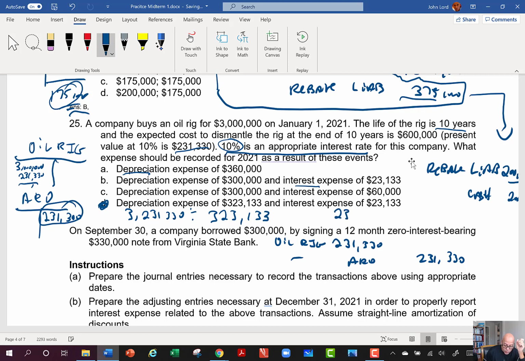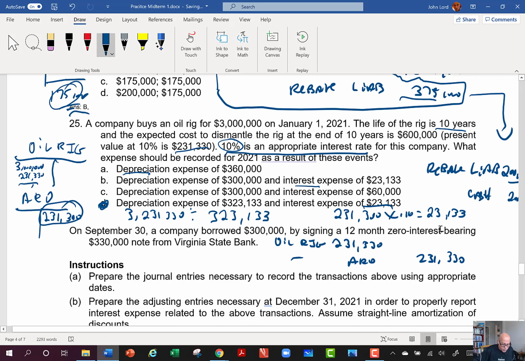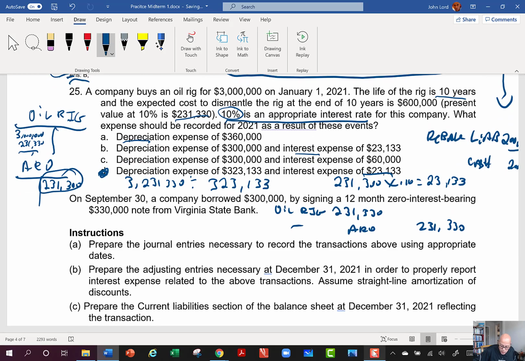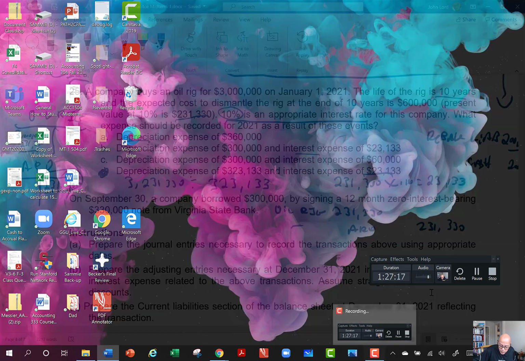So 231,330 times 0.10 gives me $23,133, which I knew was the answer anyway, because once I got the first part, they didn't have anything else with the same amount for depreciation that would have made it a little more confusing, or a little tougher question. Okay, all right, good. We're getting there.